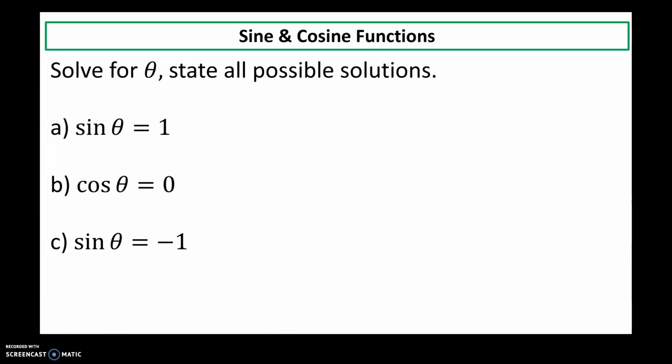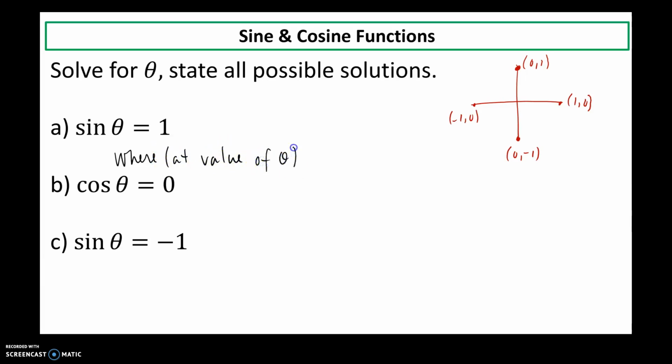Okay, solve for theta, state all possible solutions. So when I have an exact value of 0, 1, or -1, I know my answers come back to the coordinate axes. Okay, so when you're answering this question, sine of theta equals 1, you're answering at what angle measure is my y coordinate equal to 1?